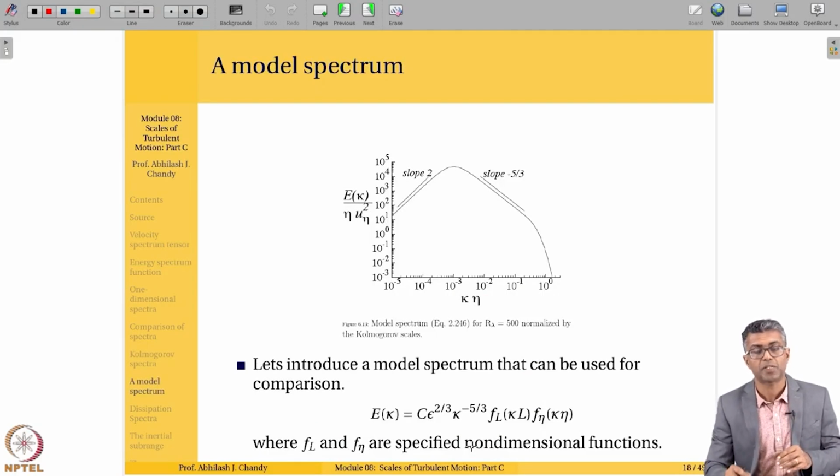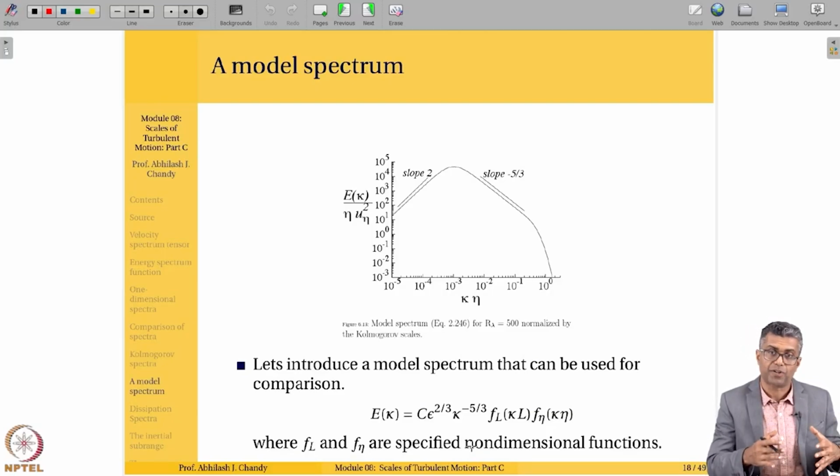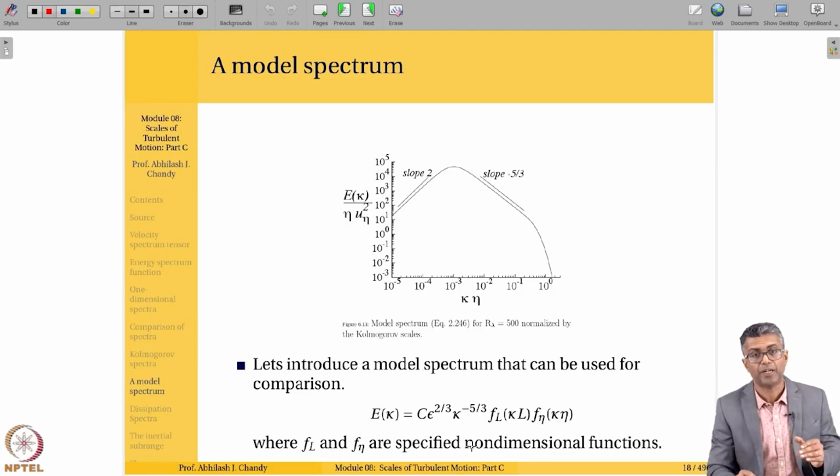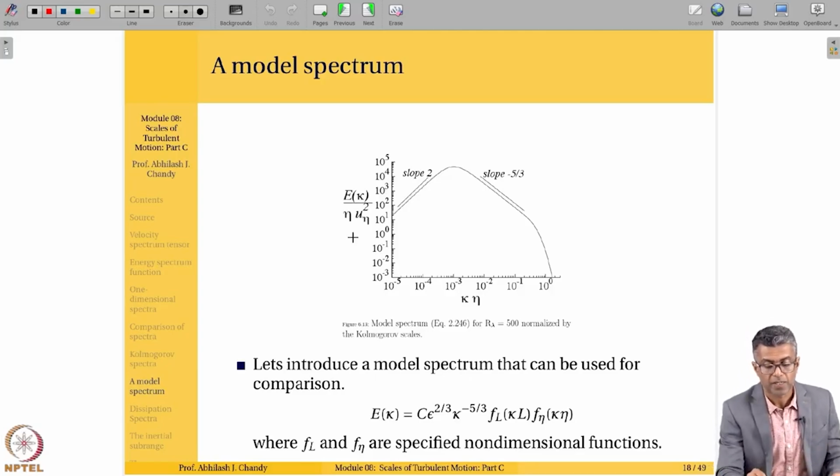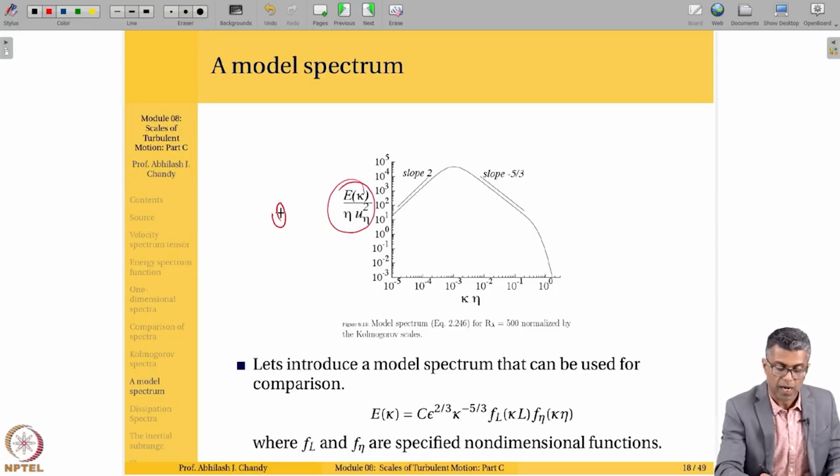A model spectrum is something that is constructed to match the spectrum of a turbulent flow. So what is shown here is the model spectrum, and it is normalized with certain values. So E of kappa is U eta squared eta. If you remember, this right here was our psi of kappa eta.